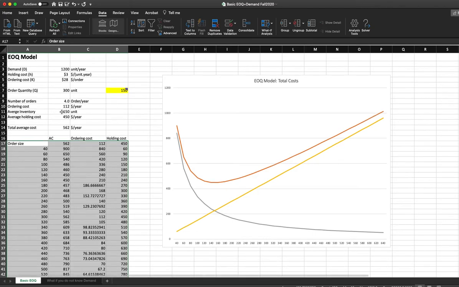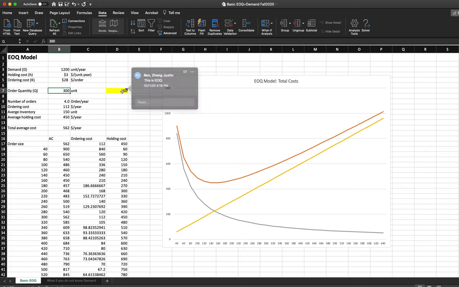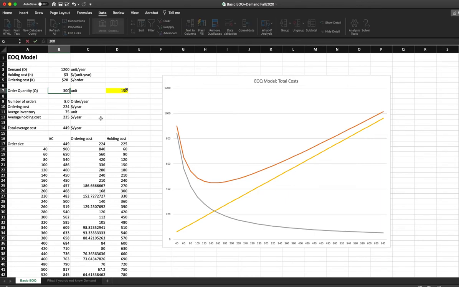Now let me show you how insensitive it is. There are two ways I'll show you. First of all, let's suppose we already know that 150 is the true EOQ, and let me plug in 150, and indeed it shows our cost is $449. And if we order double that, 300 actually, our cost is $562.